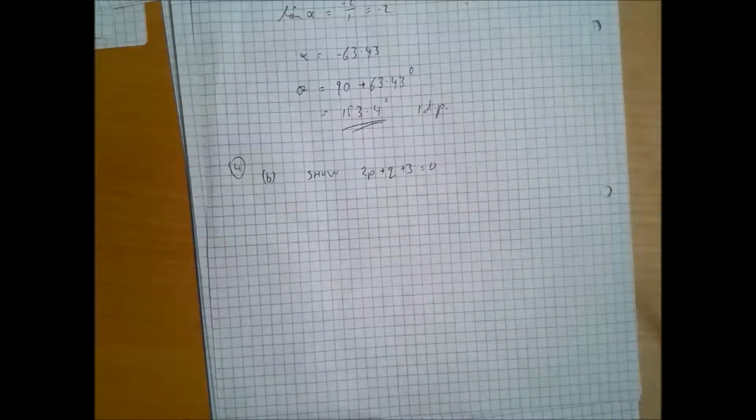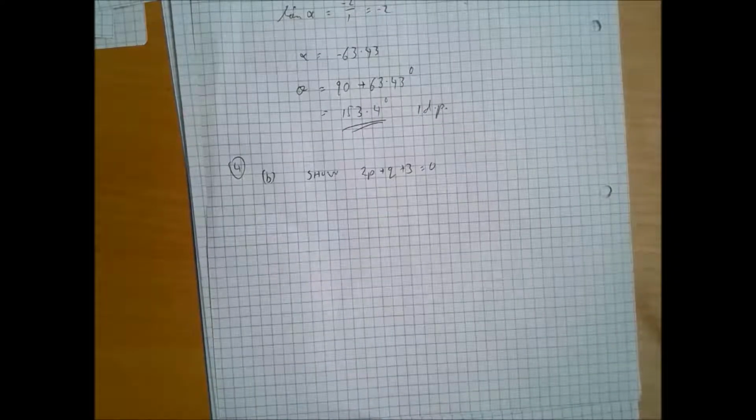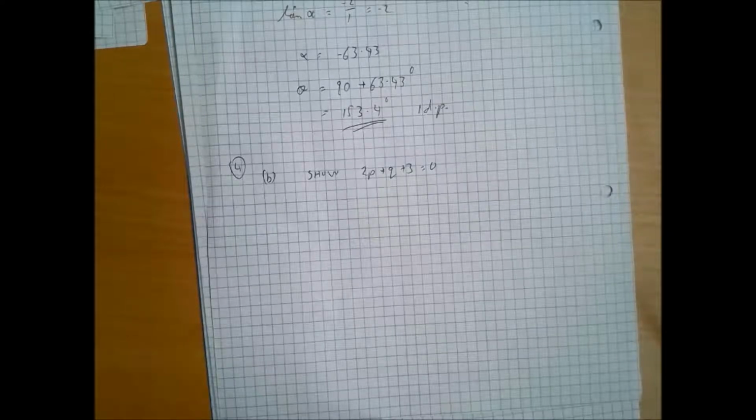For part B, I've got to show that 2p plus q plus 3 equals 0, and looking at the initial information, p and q are the i and j components of one of the forces. So to do this question, I'm going to equate out the forces acting on the particle. So what have I got?